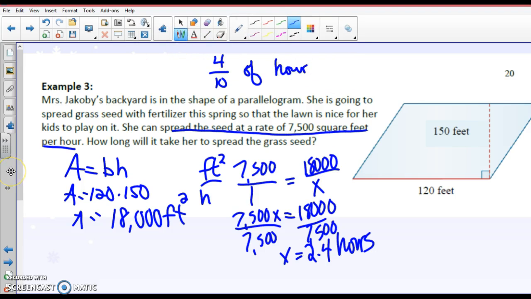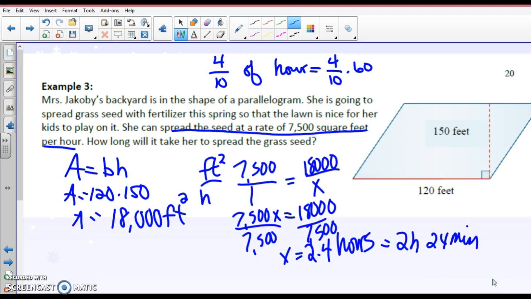How many minutes are in an hour? So wouldn't I do 4/10 times 60? What's 4/10 of 60? Punch it into your calculators. Yep, so this would be 2 hours and 24 minutes.